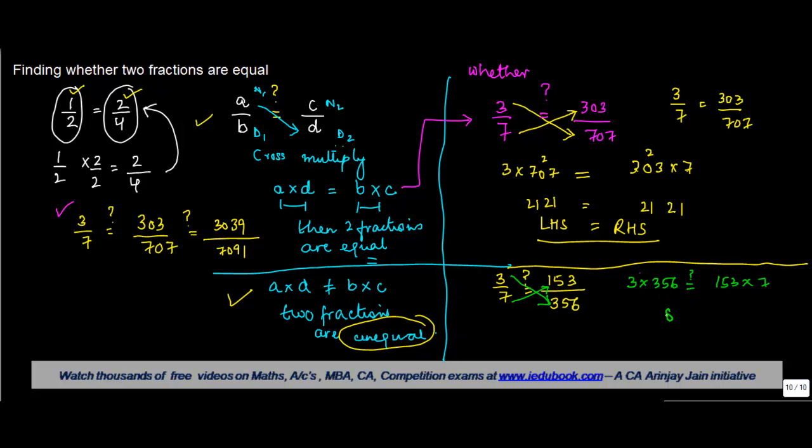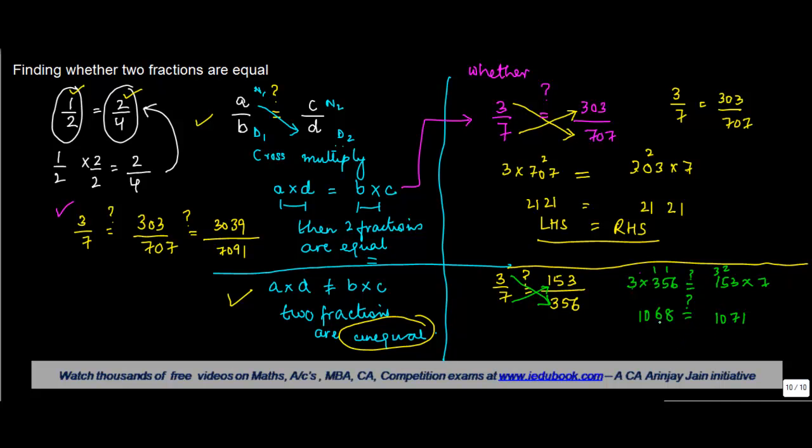3 into 6 gives you 18, 8, 1 carry. 3 into 5 is 15, plus 1, 16, 6, 1 carry. 3 times 3 is 9, plus 1, 10. Now 7 into 3 is 21, 1, 2 carry. 7 into 5 is 35, plus 2, 37, 7, 3 carry. 7 into 1 is 7, plus 3 is 10.